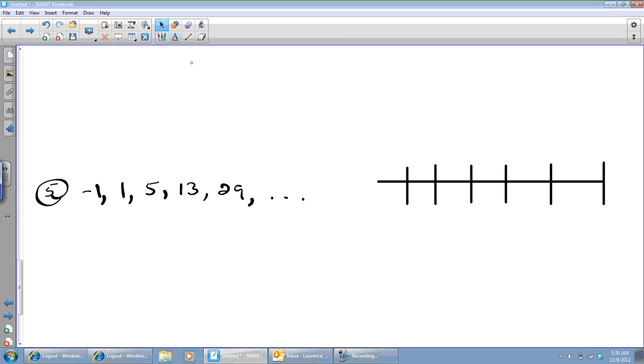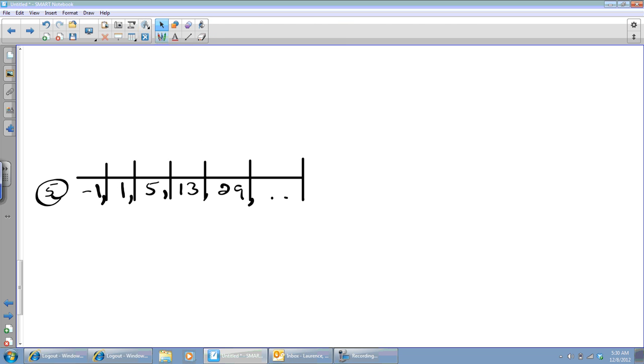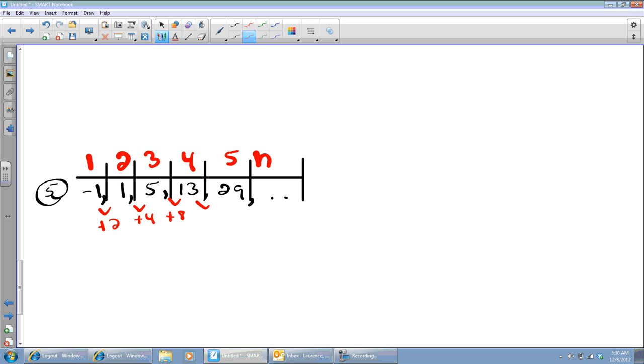Okay, one more example, and then this video will be done. All right, I'm going to write 1, 2, 3, 4, 5, and n. I'm going to go looking for my first differences. That looks like it's plus 2, plus 4 again, plus 8, plus 16. What do you know? They're doubling, aren't they?